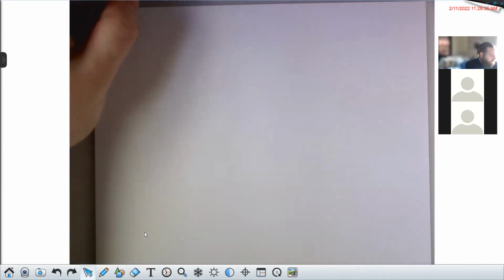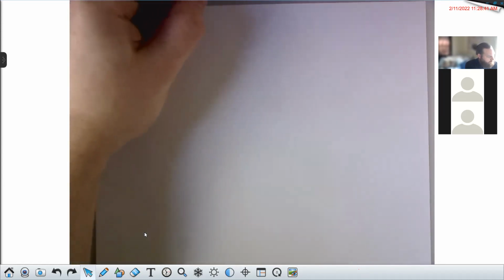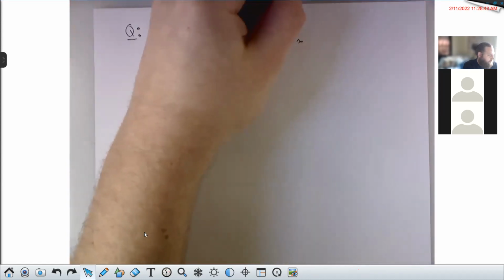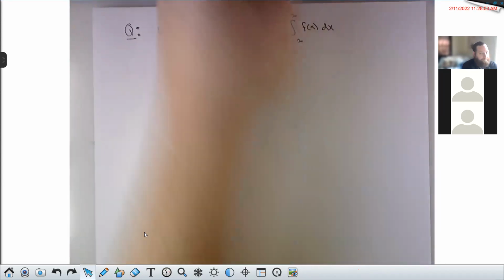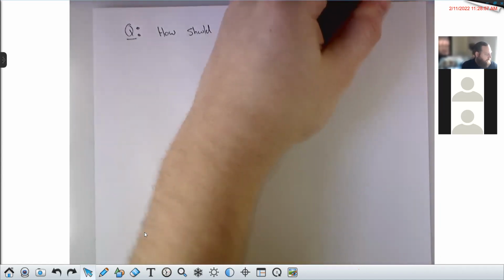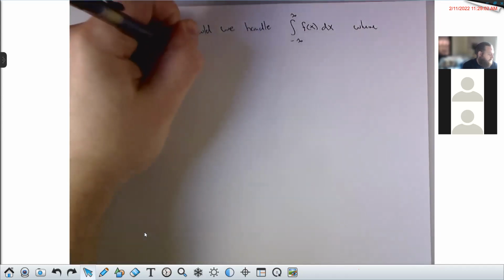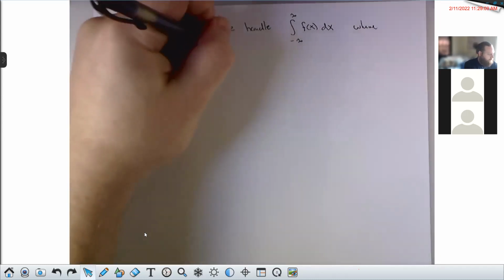So question: how should we handle the integral from negative infinity to positive infinity of f of x dx, where f is continuous?